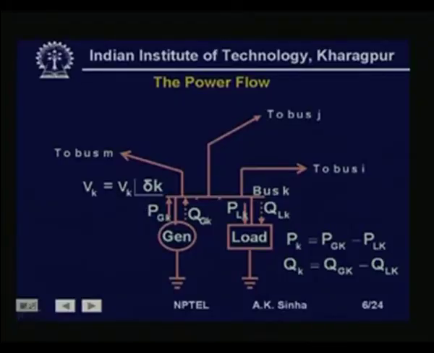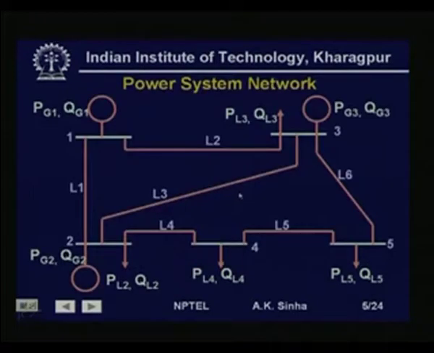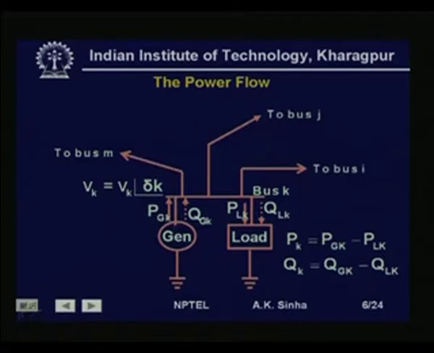Now, let us see a bus bar in detail, like this bus bar 2 which we have put here. A generator is connected to this bus bar, injecting real power Pgk and reactive power Qgk into it, and it has a load which is drawing real power PLk and reactive power QLk from the bus bar.